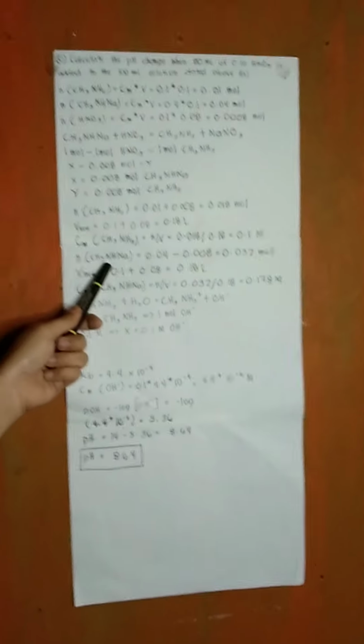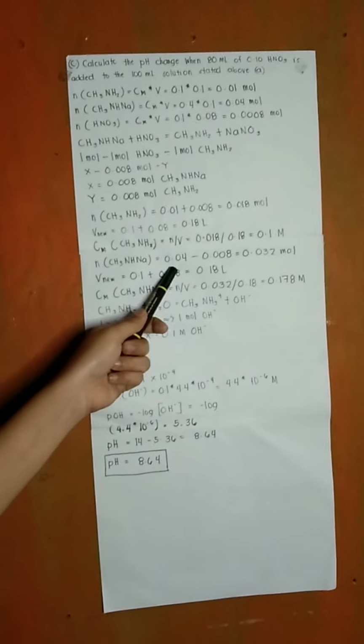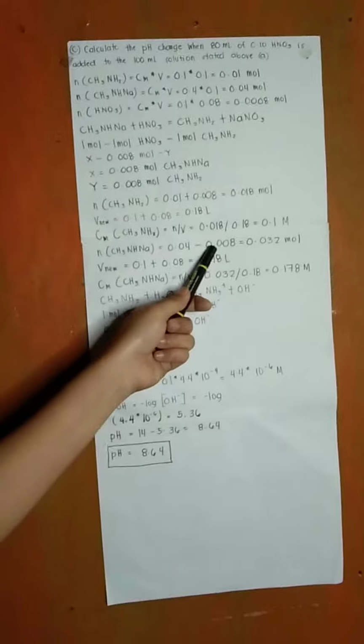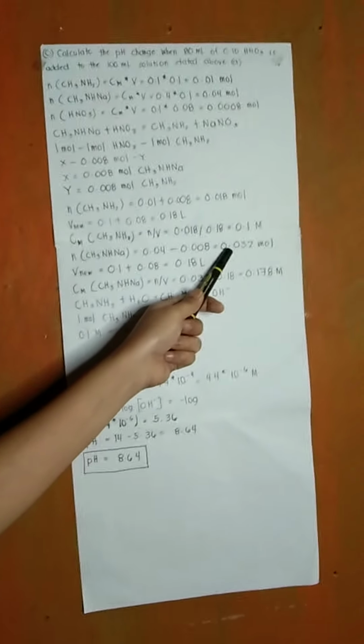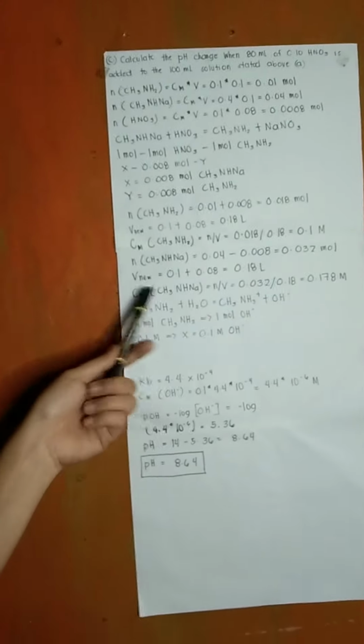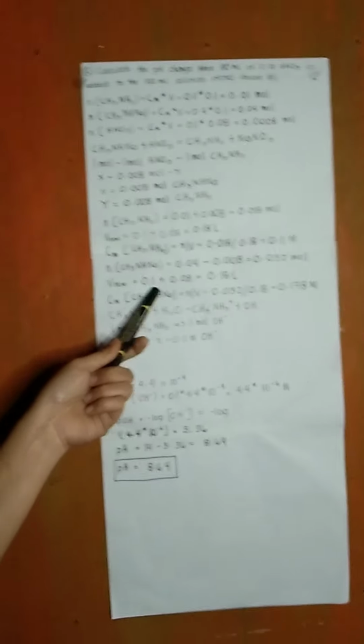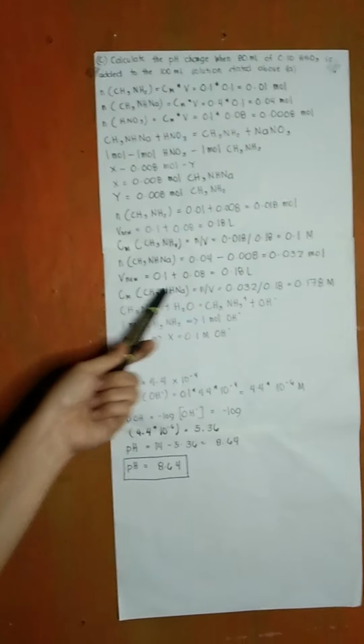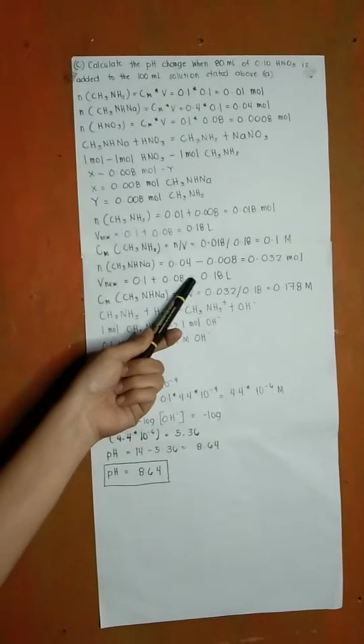N of CH3NHNa equals 0.04 minus 0.008 equals 0.032 mole. V new equals 0.1 plus 0.08. If we add this, we can get 0.18 liter.